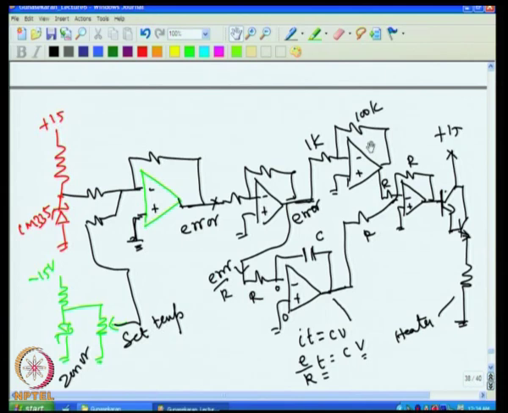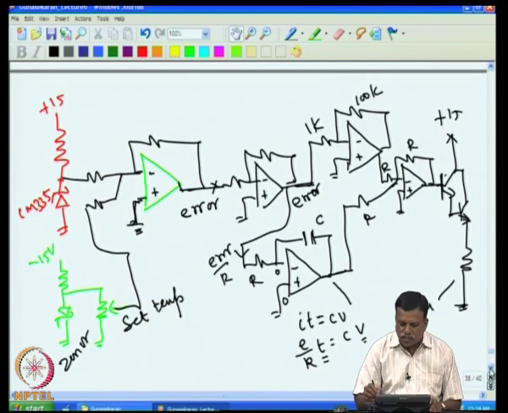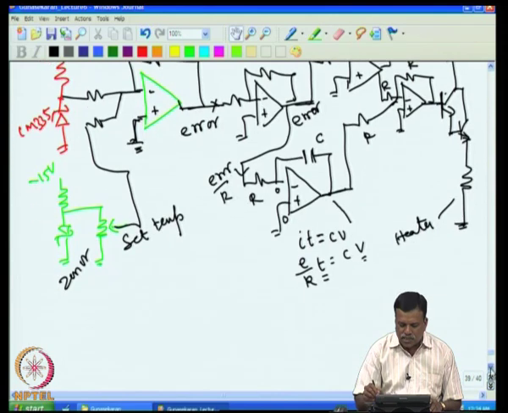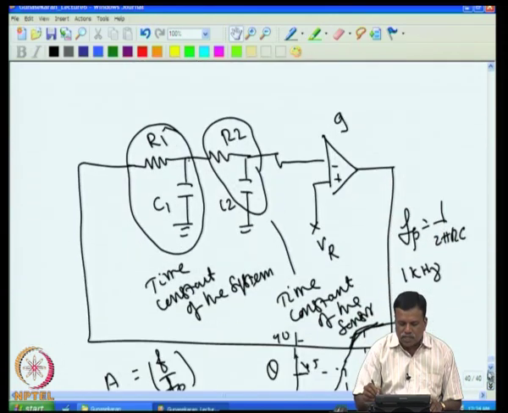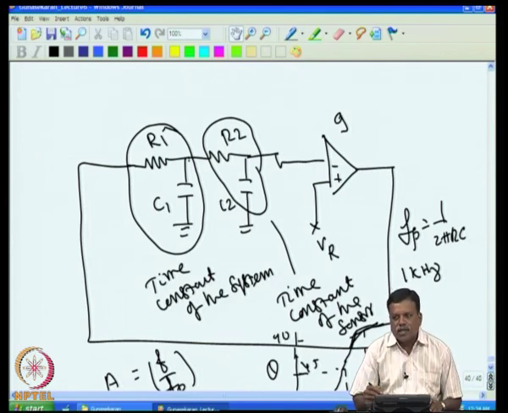Now, one more question comes into the picture: there is a difference between electronic gain and the system gain that we have discussed, because the system we showed here is actually a temperature system. So, all the units must be in terms of temperature, and the gain that we set also has to be in terms of temperature. This is a little complicated issue.